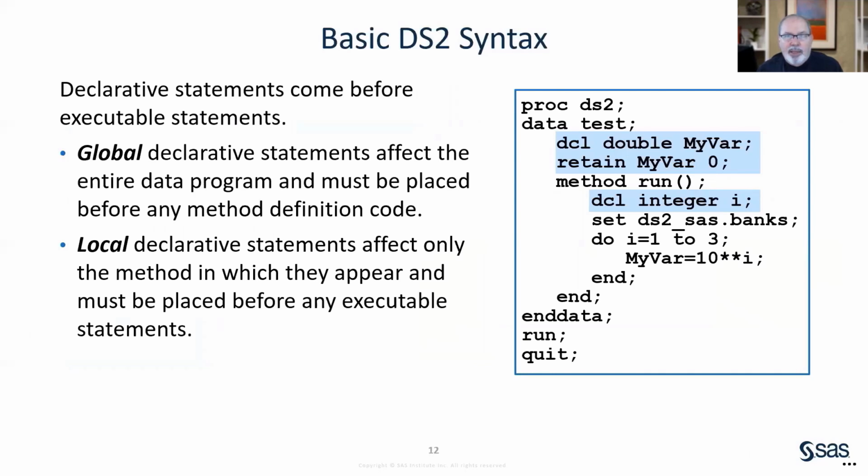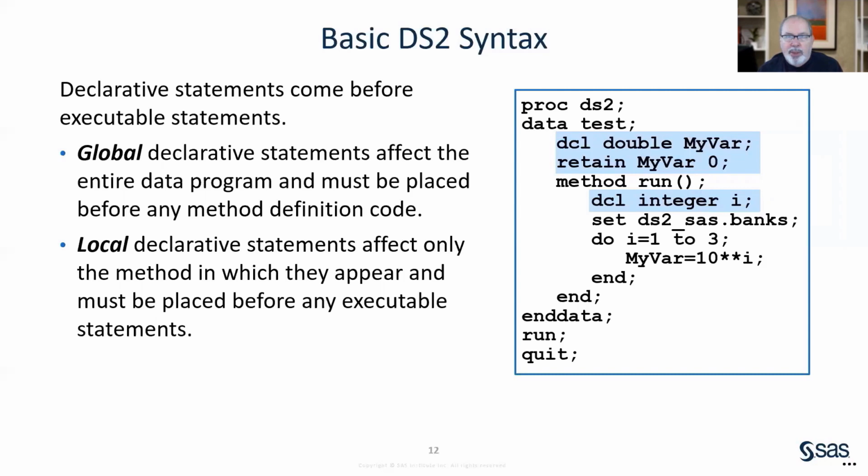Now, I've talked about executable statements, and we said how all executable statements have to be part of a method definition. That leaves the declarative statements. What about declaratives? Well, declarative statements in SAS, if you ever took the Programming 1 class, we usually talk about these as the compile time statements, or ones that only matter during compile time, right?